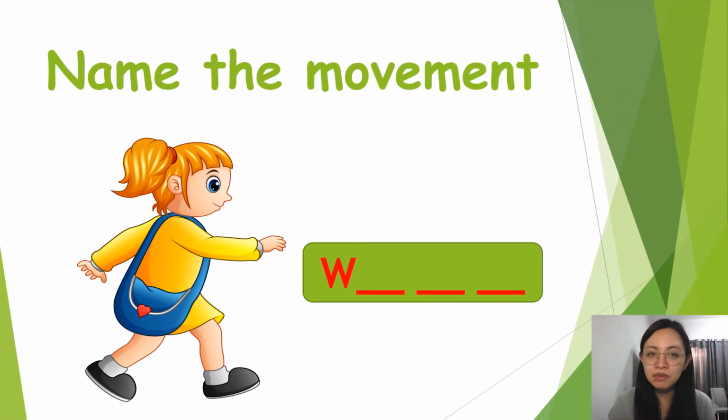How about this movement? What is the girl doing? Starts with letter W. 1, 2, 3. What's the answer? Correct. The answer is walk. So the girl is walking. See, when we walk, we go from one place to another. It's also called movement.